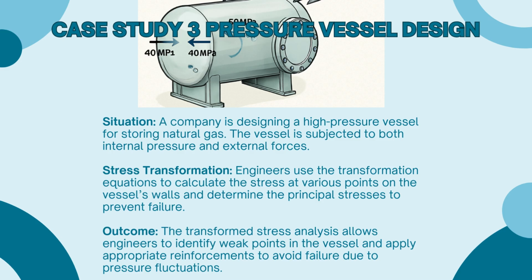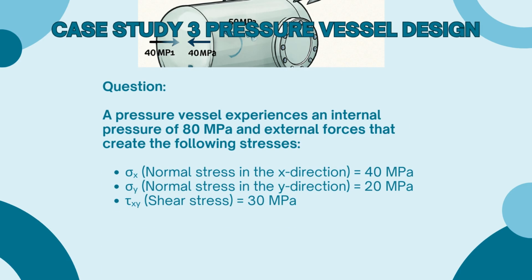These calculations help determine the principal stresses and ensure that the vessel can safely withstand the pressure fluctuations. Outcome: by analyzing the transformed stresses, engineers can identify weak points in the vessel and apply appropriate reinforcements, ensuring that the vessel remains safe and avoids failure due to pressure fluctuations.